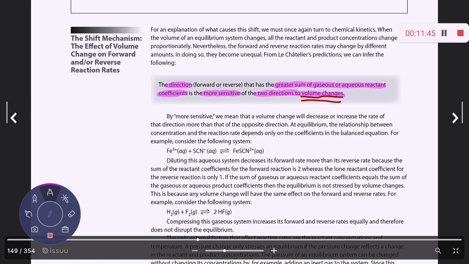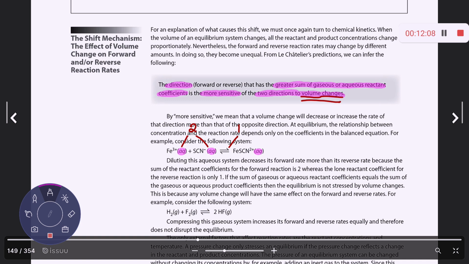Okay, so if we take a look at this example here, I'm highlighting all of my states of matter. I have 2 particles on the reactant side and 1 particle on the product side. So if you go ahead and you dilute this by adding a bunch of water, then what will happen is we're going to shift to the side with more particles. So you would shift left.